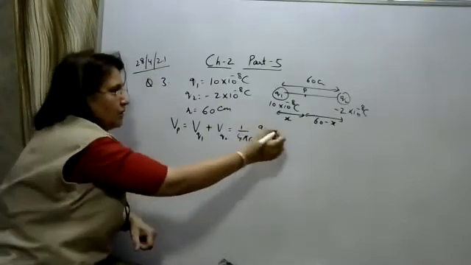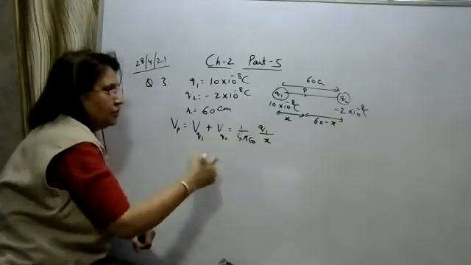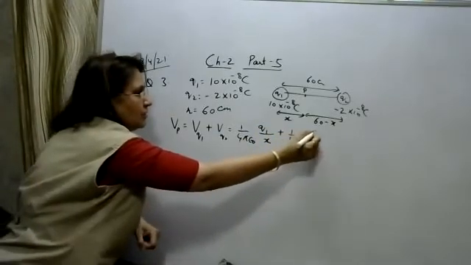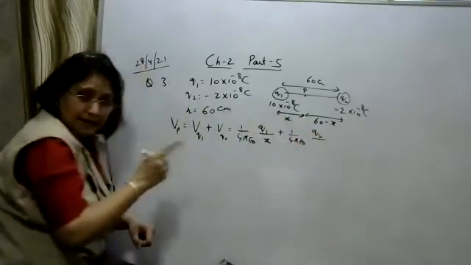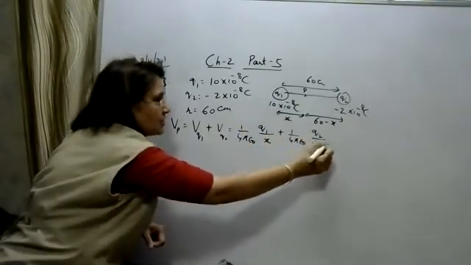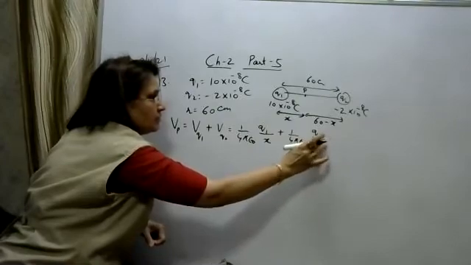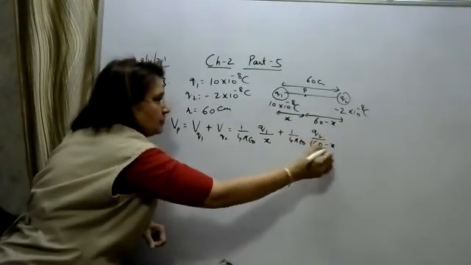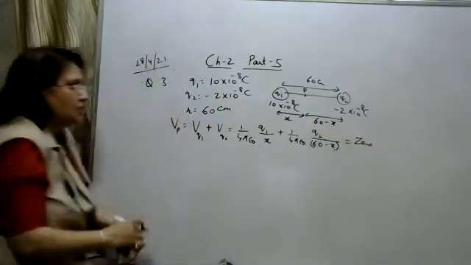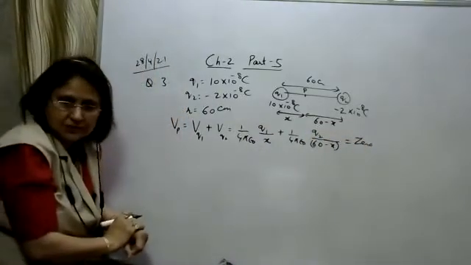Plus 1 upon 4 pi epsilon naught Q2, which is minus 2 into 10 raised to the power minus 8 coulomb, upon the distance, 60 minus x, is equal to 0. It is given that the potential at point P is 0.